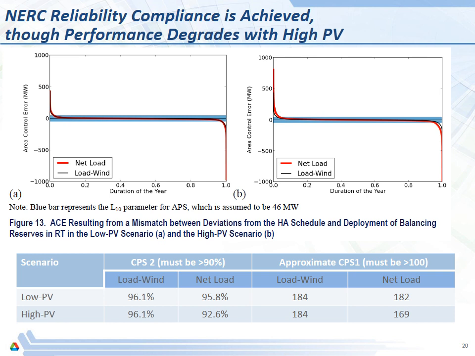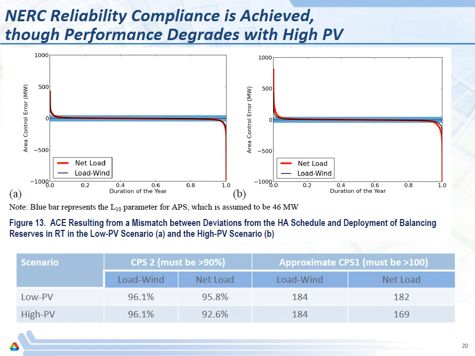And the blue bar in the background shows that L sub 10 parameter. So it essentially shows the threshold by which if your ACE is within that level, then it doesn't really matter too much. But if the ACE exceeds that level for more than 10 minutes on average, then you start to end up with CPS2 violations.